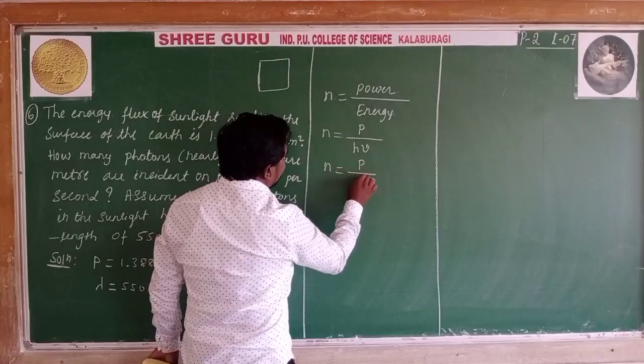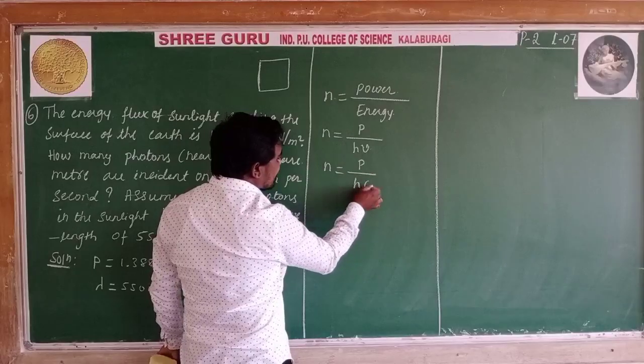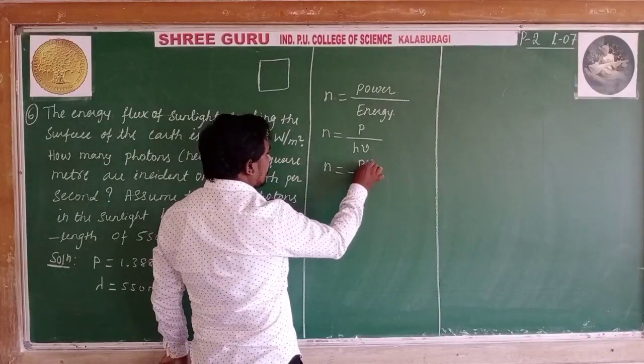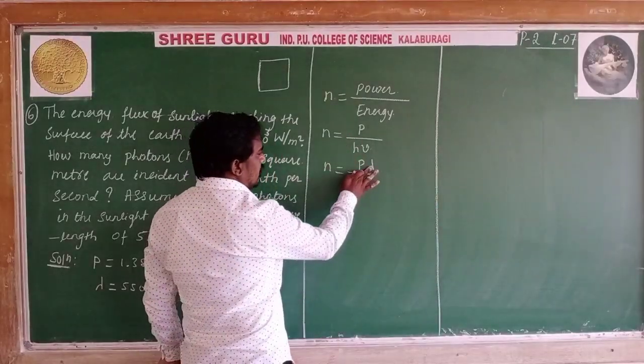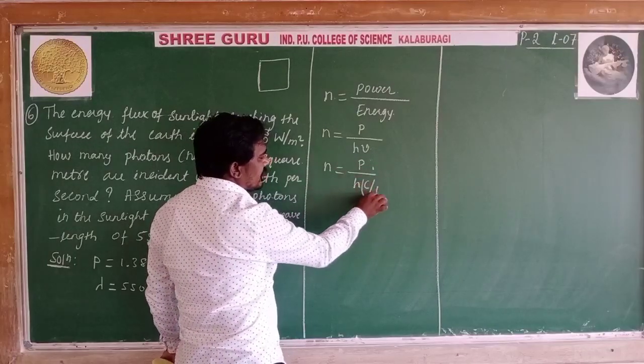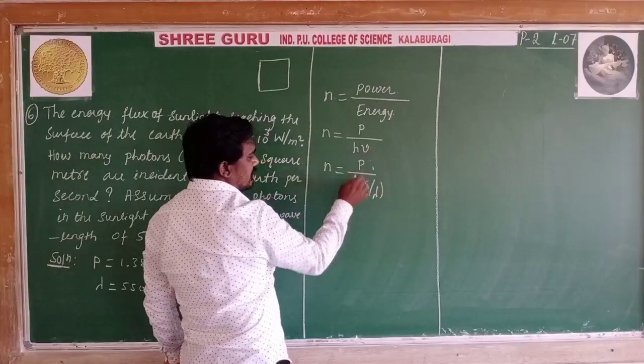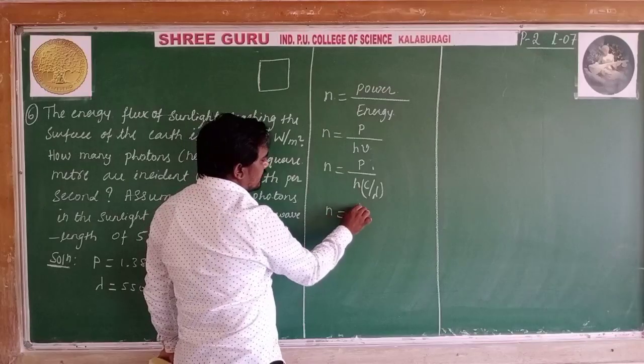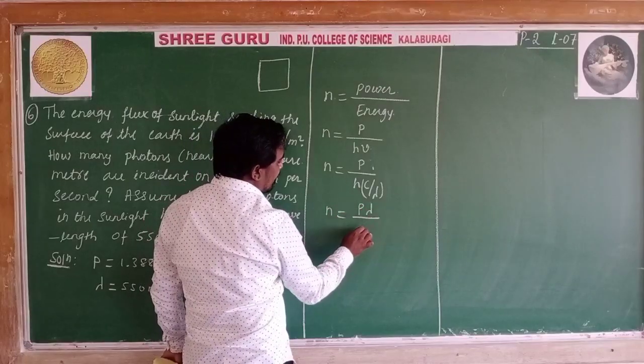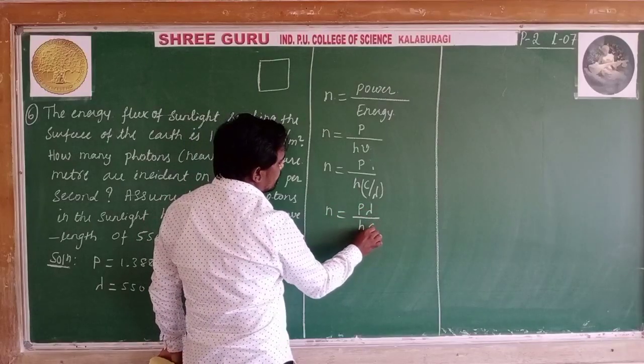P by h nu, nu means c by lambda. Shall I write this lambda to the numerator? N is P lambda by hc.